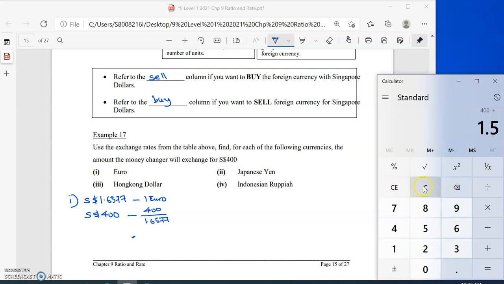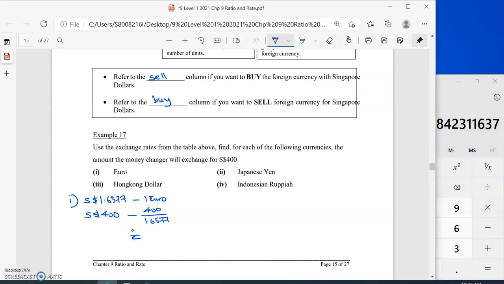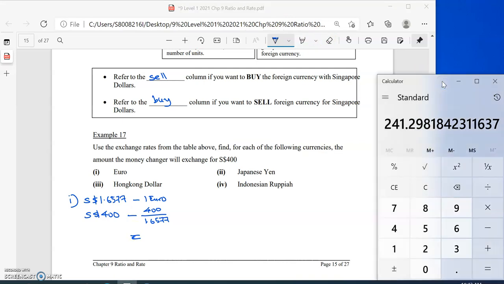1.6577. Let me do this again. 400 divided by 1.6577. I will actually receive an amount of 241.298, which, since this is money, let's round off to 2 decimal places.